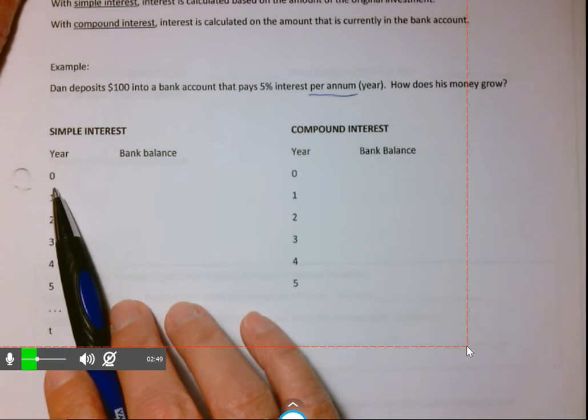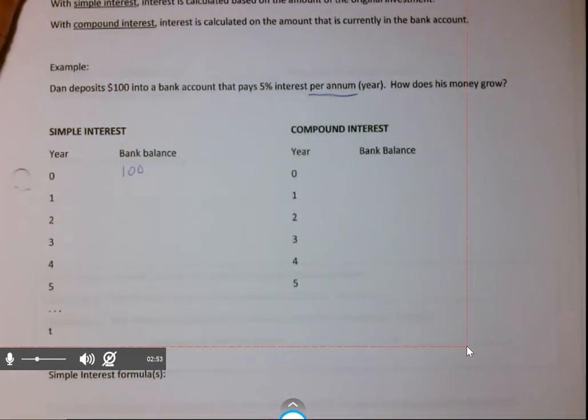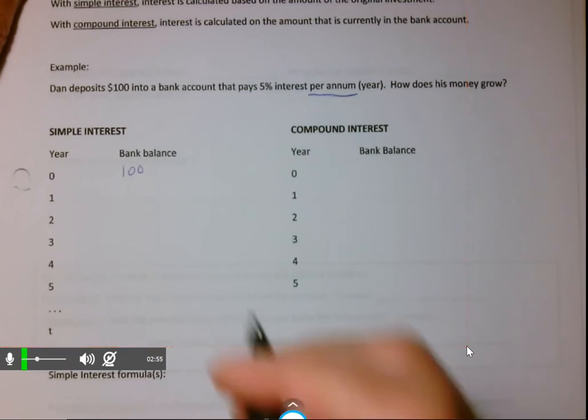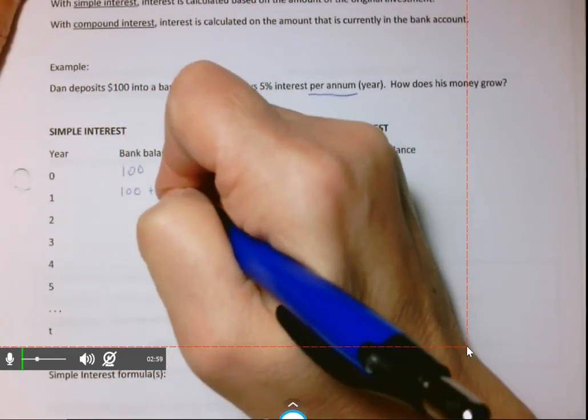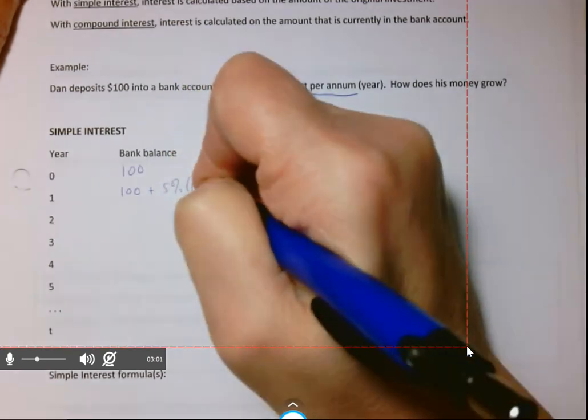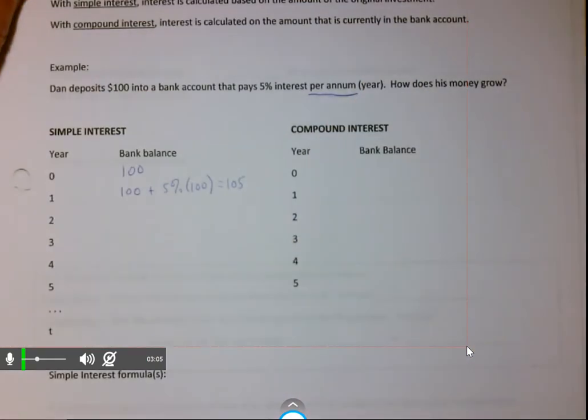In year 0, he's putting in the money, so he will have $100. One year later, in year 1, he's going to have his $100 plus 5% of his $100, and that's going to come out to $105. His original investment was $100, and he gets an additional 5% in the first year.